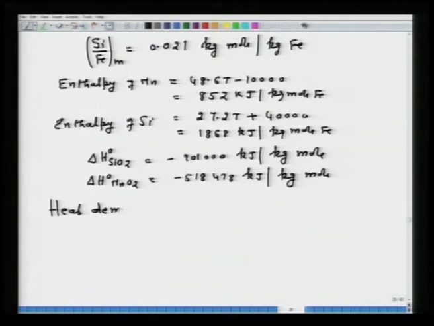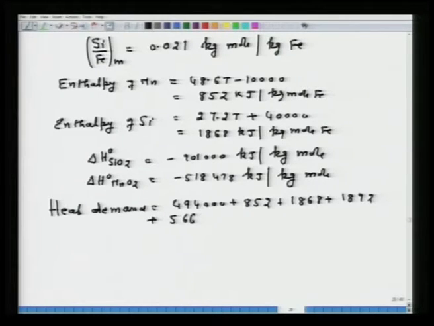Then we get heat demand that is equal to 494,000 that we have calculated for case B, plus 852 for enthalpy of manganese, plus 1868 for enthalpy of silicon, plus 1892 required heat of decomposition for SiO2 reduction, and plus 5064 for MnO2 reduction to manganese.